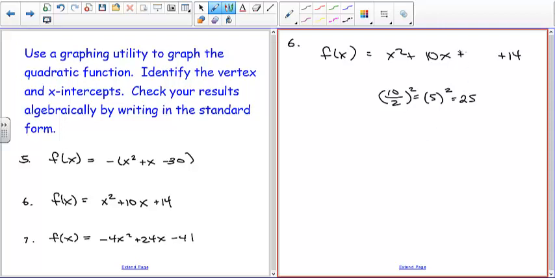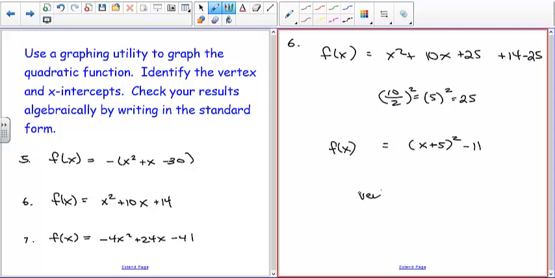So we add 25, and because there's no negative multiplied by it, we really are adding 25, and we'll subtract 25. So these three terms become a complete square. We use this number here, 5, square it, and you can see that if you multiply it out, we'll get to that. And we have 14 minus 25, which is -11. So that's in standard form.